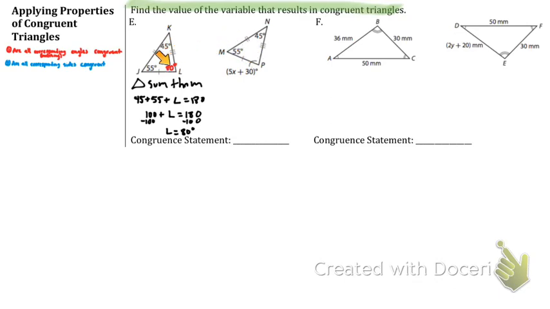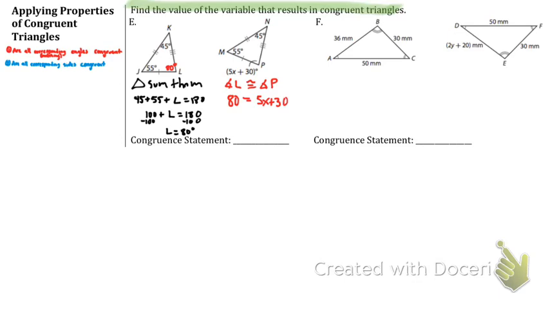We also know that angle L and angle P should match. Because we want them to be congruent triangles, that means angle L and P should be congruent, and congruent means equal. So we're going to put their measurements equal to each other. Angle L is congruent to angle P, which means 80 is equal to 5x plus 30.